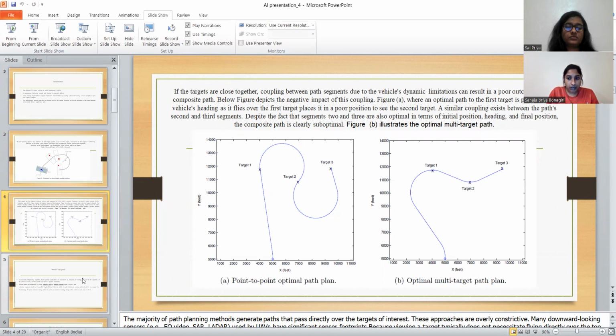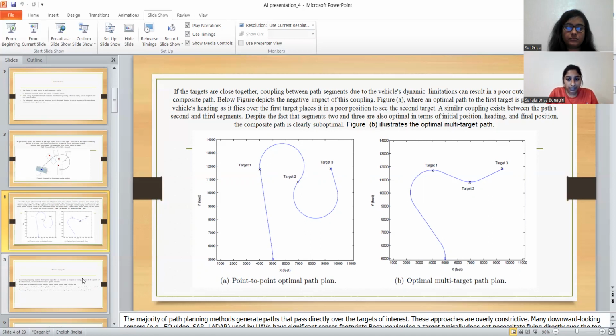So the majority of path planning methods generate pathways that pass directly over the targets of interest. These techniques are overly constrictive. Many downward-looking sensors used by UAVs have large sensor footprints. Viewing a target does not usually need flying right over top of it. Therefore, the direct route is avoided. Most path designers set flyover limits that do not make use of this range and flexibility.